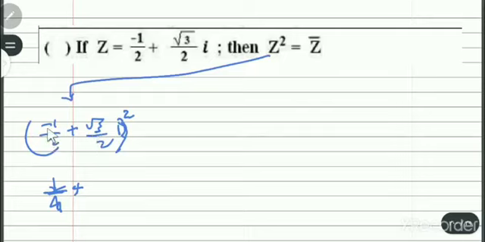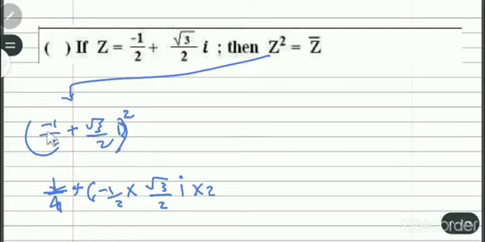This is the first term, which is -1/2, multiplied by the second term, this is the second term, (square root of 3)/2 multiplied by i, multiplied by 2. This is the rule.